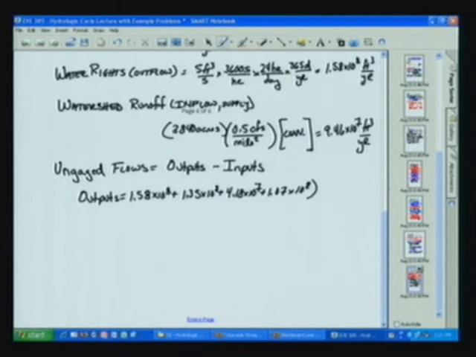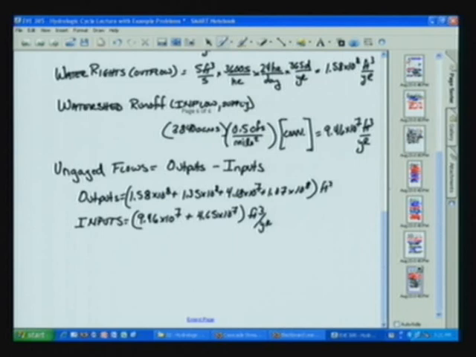Those are all the things that we would consider our outputs. Our inputs are going to be 9.46 times 10 to the 7 and 4.65 times 10 to the 7. These are all in cubic feet per year.